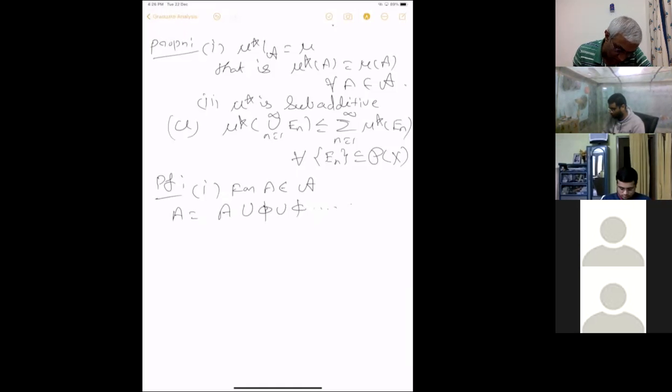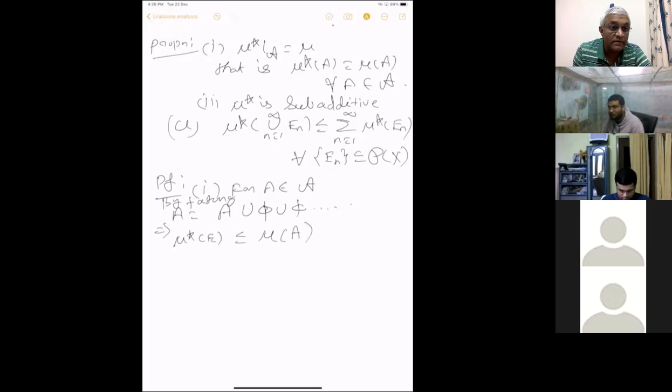Everywhere it's empty set. So this implies mu star of A, which is the infimum of any such collection, is less than or equal to, by taking this cover, which of course covers, mu of A.